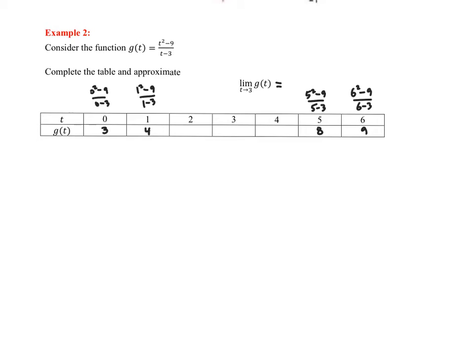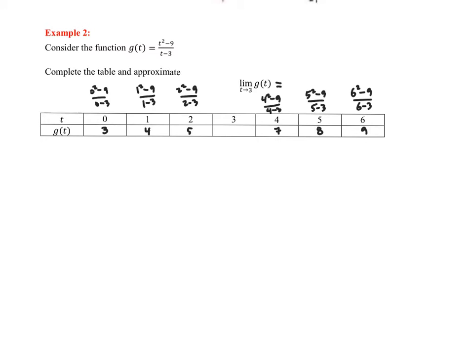G of 2 is 2 squared minus 9 over 2 minus 3, which will be negative 5 over negative 1, which is 5. And g of 4 will be 4 squared minus 9 over 4 minus 3, which comes out to be 16 minus 9, which is 7 over 1, which is 7.